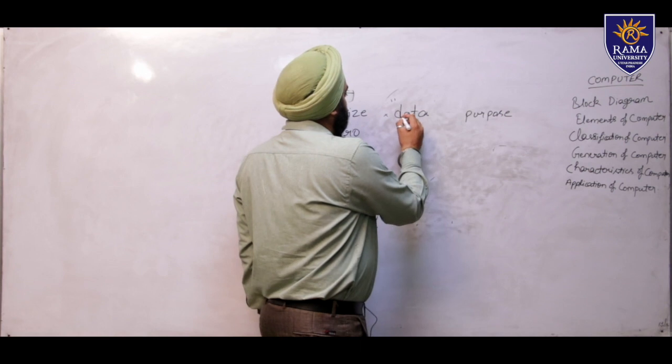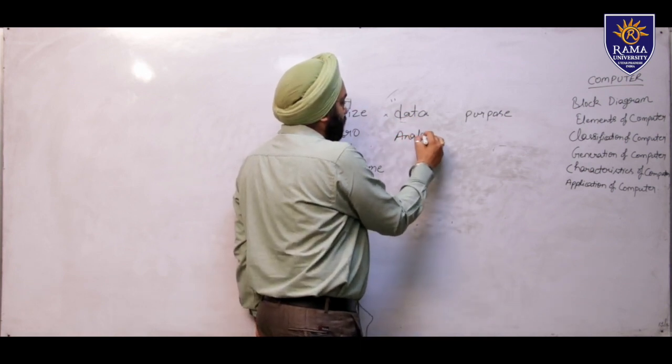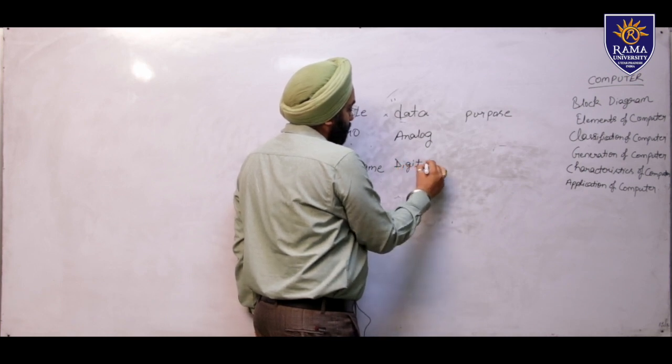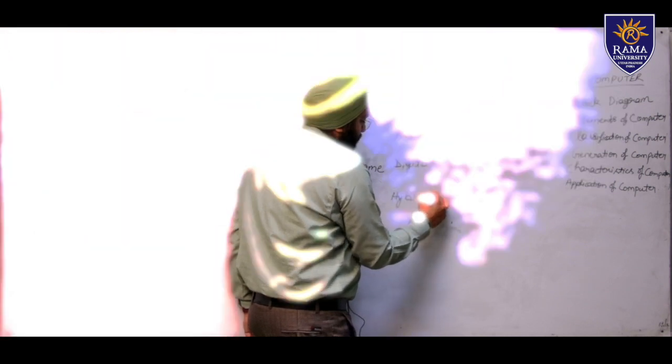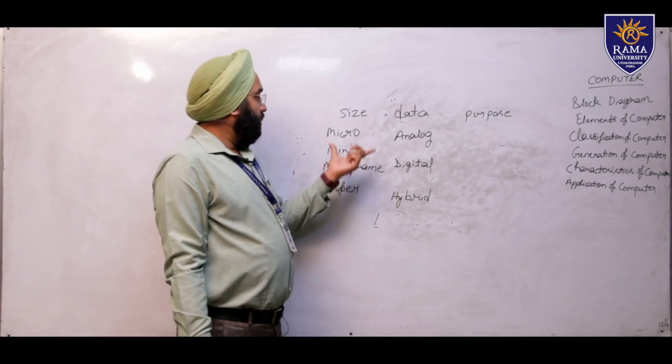Now we'll come to the basis of data representation, that is analog, second is digital, and third is hybrid computer. You know what is the difference between all these 4?